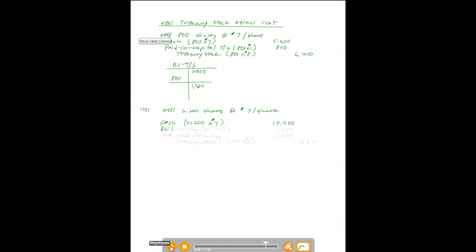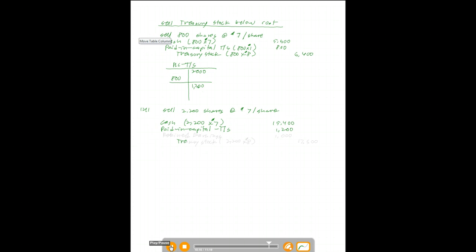So we're going to debit paid in capital on the treasury stock for 1,200. That's the most I can debit it for because that's the balance that I've got in there. And after I post this, it'll bring this account down to a zero balance. And so I'm going to skip a line here.